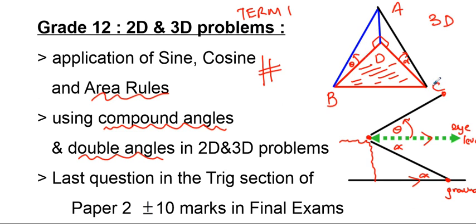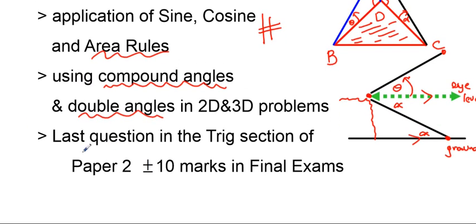The person C, looking at the top of the tower, looks at an angle of alpha, which is an angle of elevation. So these two are angles of elevation. When doing these questions, you must have a perception of what is going on in terms of what angles they are referring to.